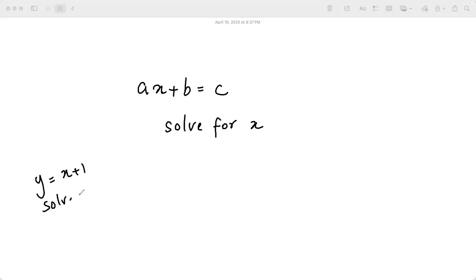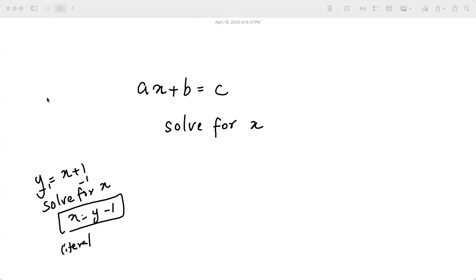Now if I ask you to solve for x, what do you do? Subtract 1, x equal to y minus 1. So this is solving for the literal x. Literal means the variable x. You solve for that variable and say that variable equal to something in terms of the other variables in the equation.